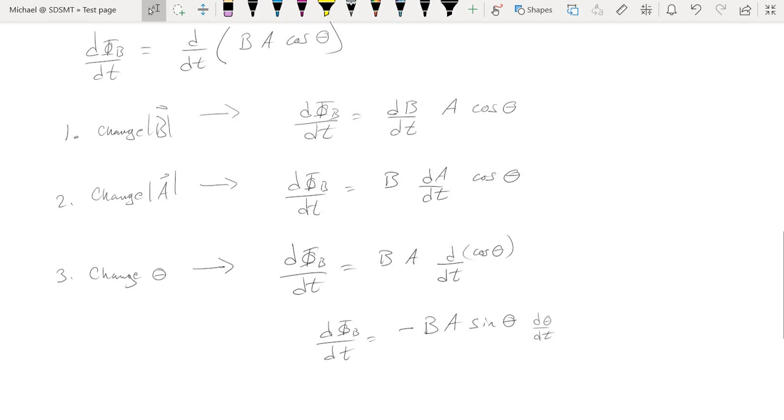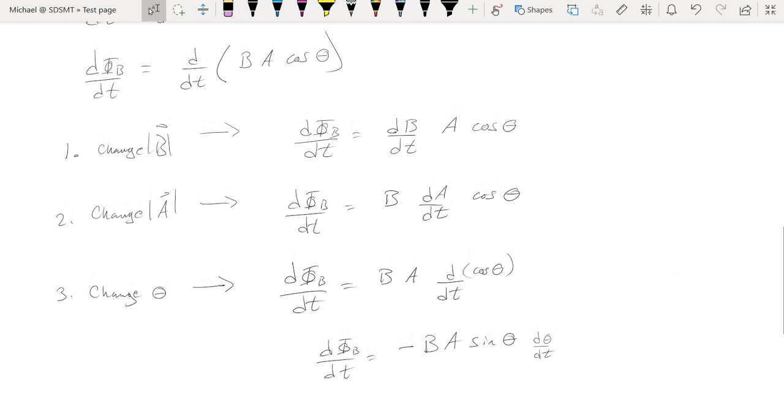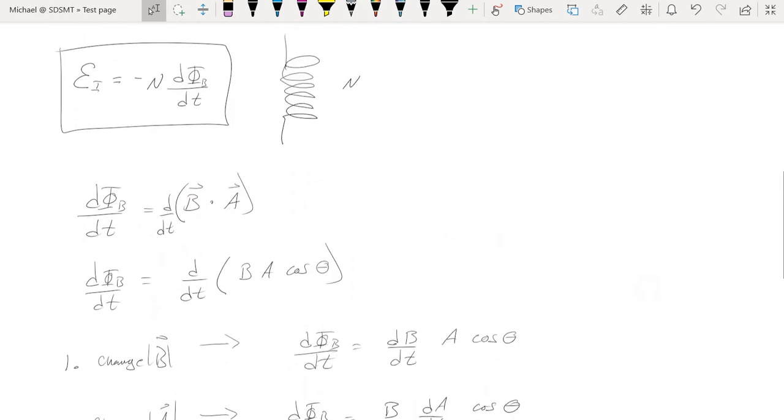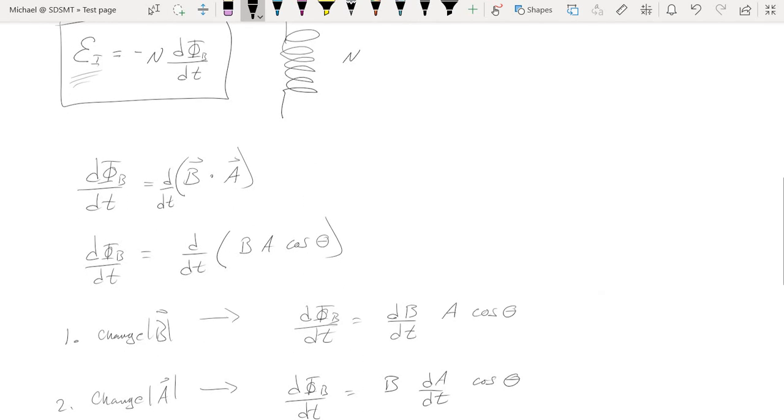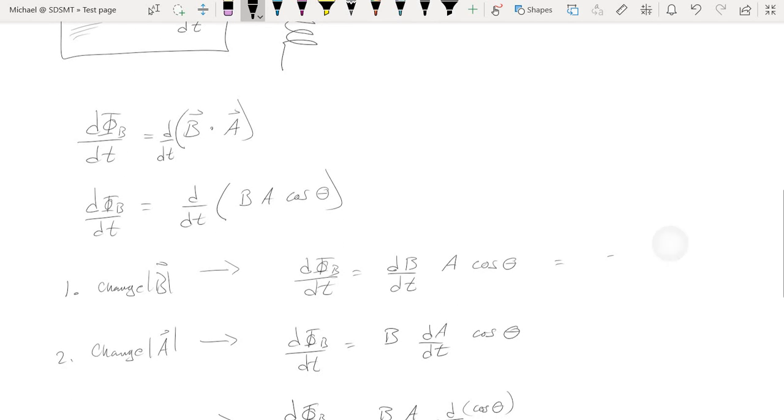But these are going to be the methods in which we will be able to identify the induced EMF in a given circuit or in a given loop. And so each of these could now be set equal to the EMF if we applied a negative n to each of these expressions.